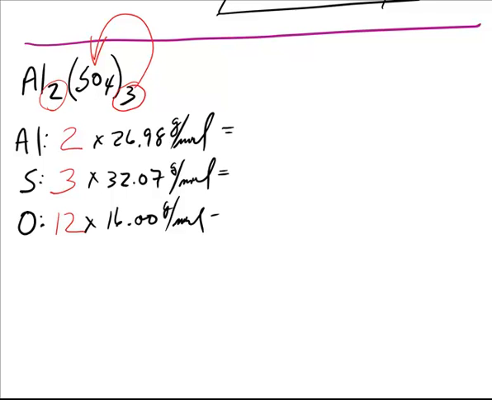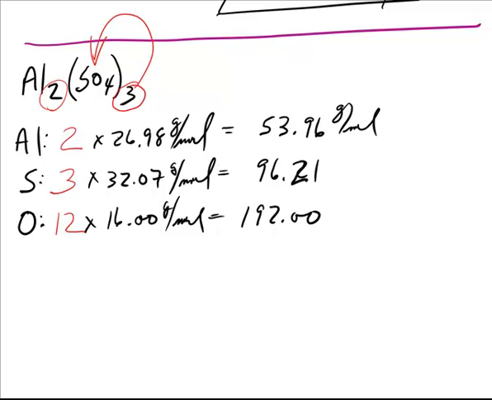And now we do our math. 2 times 26.98 is 53.96. 3 times 32.07 is 96.21. And 12 times 16 is 192.00. And yes, these are all grams per mole.